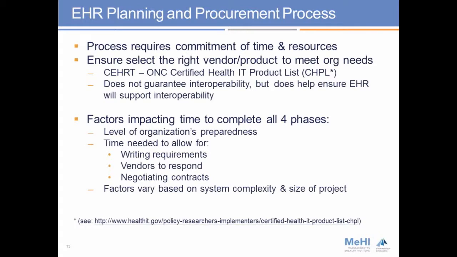The Office of the National Coordinator, or the ONC, Certified Health IT Product List, referred to as CHPL, identifies those EHR systems that are certified. While the adoption of a certified EHR system or product does not guarantee interoperability, certification does help ensure that the EHR that you procure provides standards-based functionality that will support interoperability.